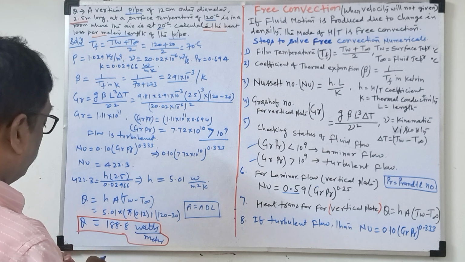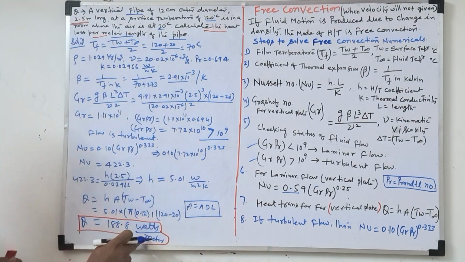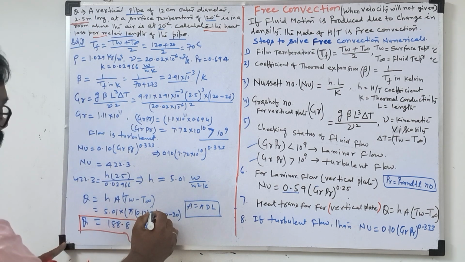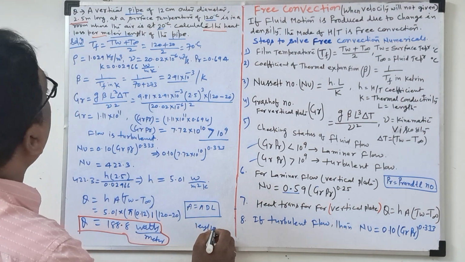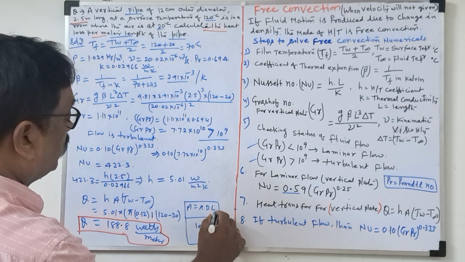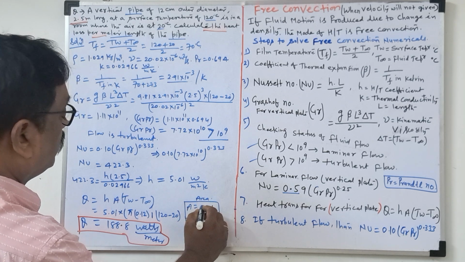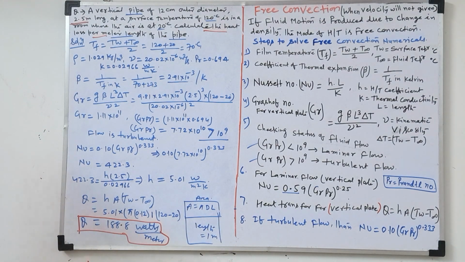If they ask only heat loss, then watt will come, and in place of 1 we will write 2.5. For per unit length, the length will be 1 meter. Area is equal to pi dL. This is the trick if they ask for a vertical pipe.